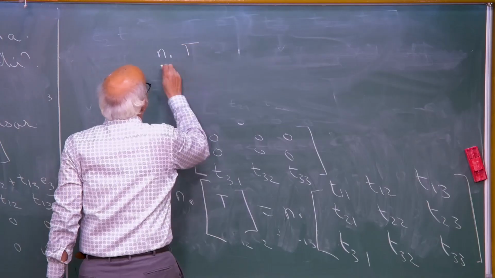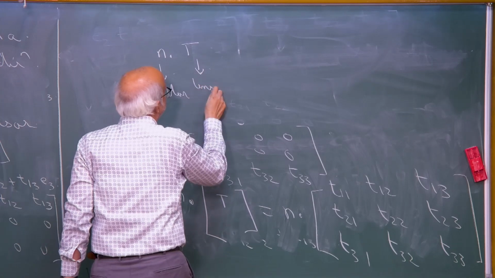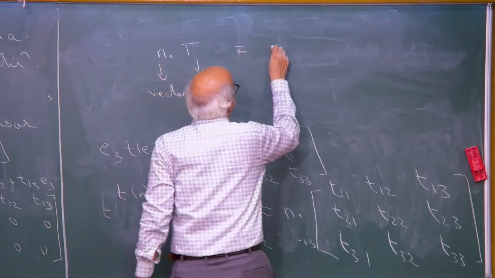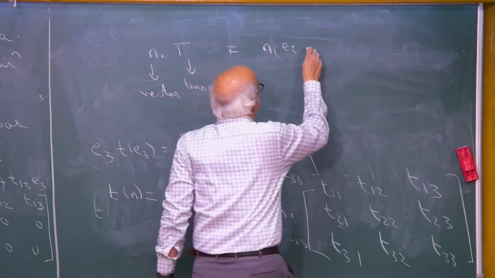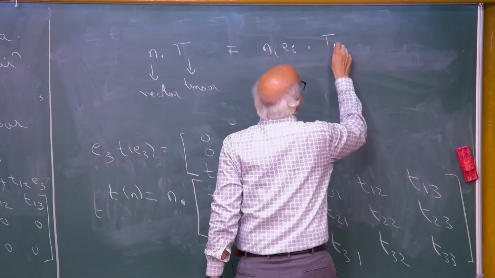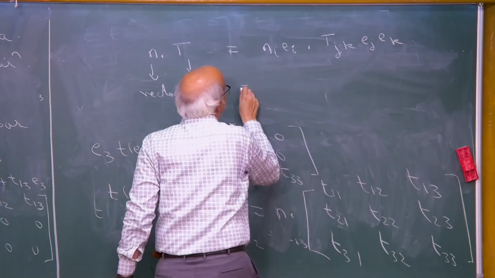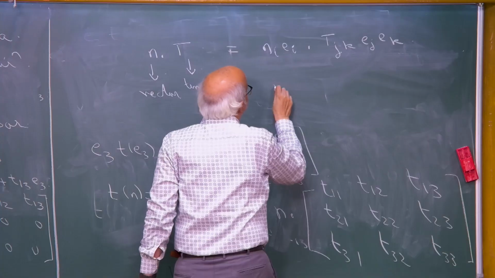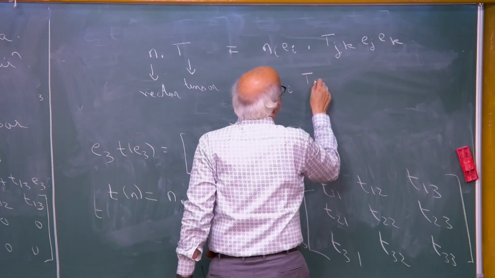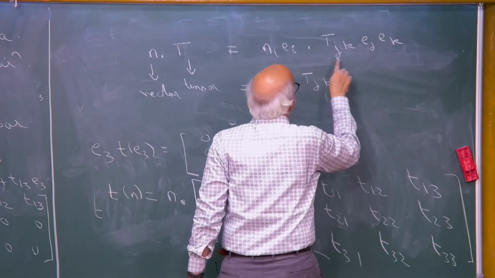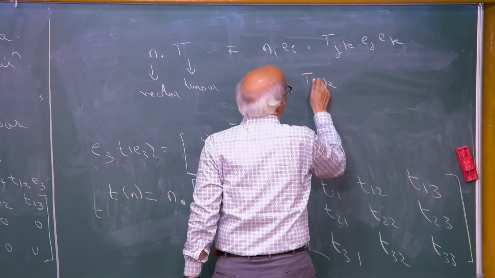n dot T, this is a vector, this is a tensor, and this is written as n_i e_i, the components, and T is written as T_jk e_j e_k, and you take the dot product, you get n_i T_jk, i equal to j, so I will write this as T_ik e_k.